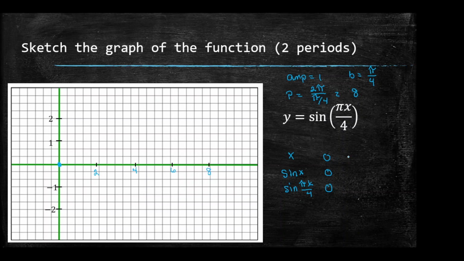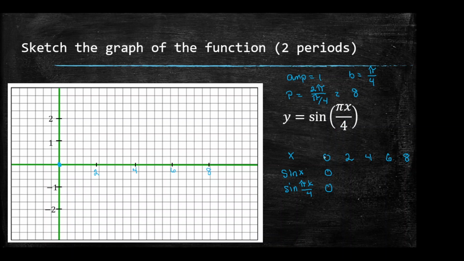All right, so now what happens at x equals 2? So let's do 2, 4, 6, and 8. Remember, I took my period as 8 and divided it up into 4. That makes my math easier. What happens at 2? Well, if x is 2, this just becomes 2 pi over 4, or pi over 2.